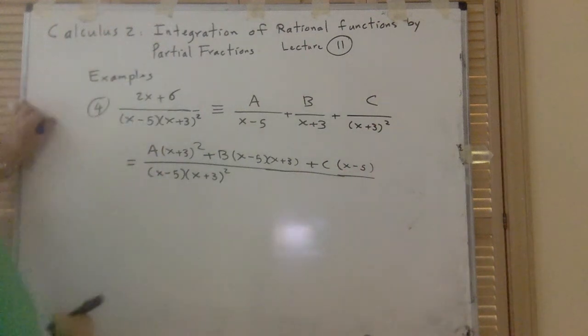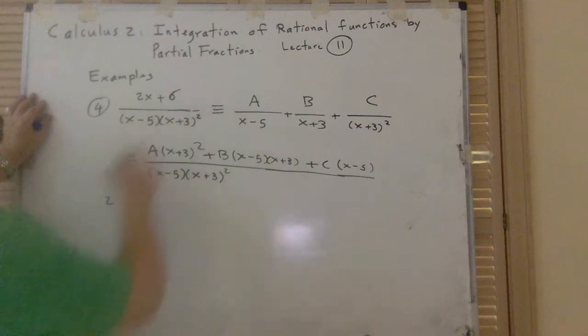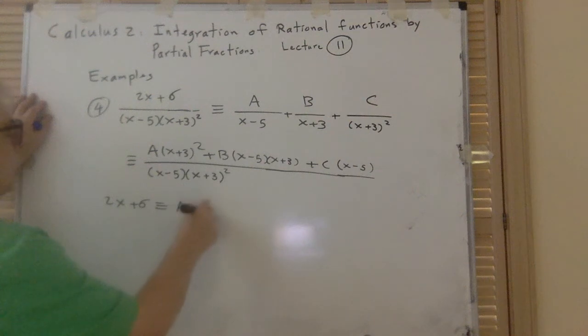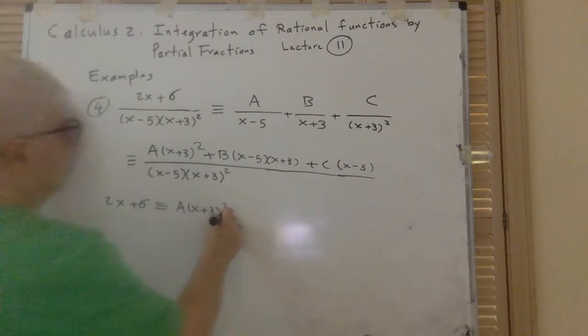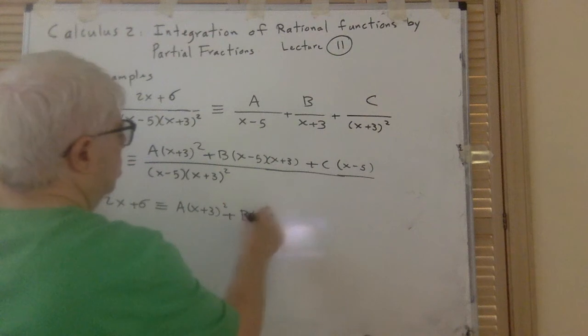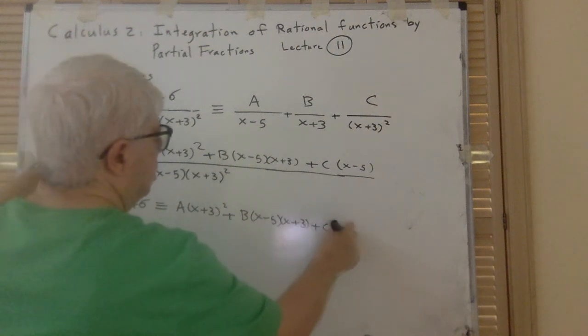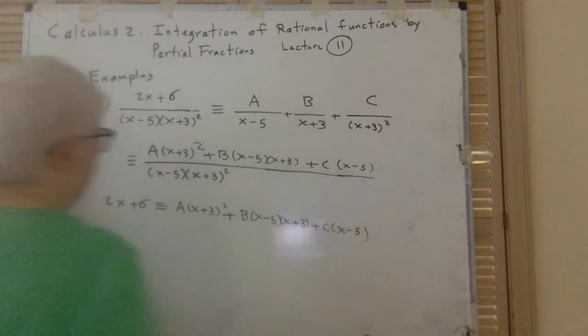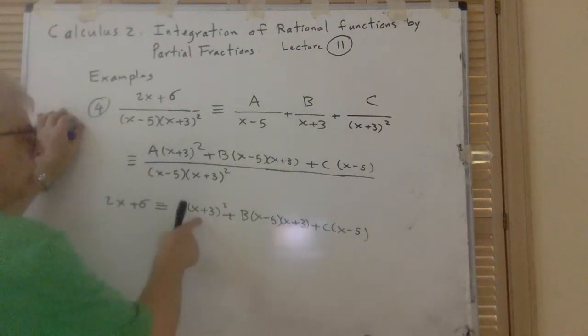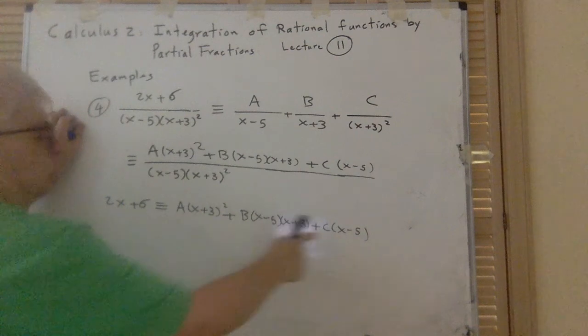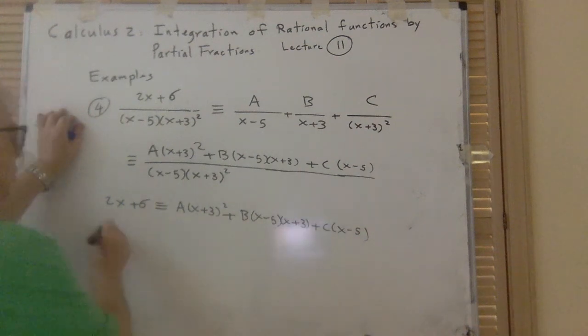Okay, so this is equivalent, and so 2x plus 6 is equivalent to A times x plus 3 squared, plus B times x minus 5 times x plus 3, plus C times x minus 5. Let's do the same thing. Let's put x equals 5, so I find A first.